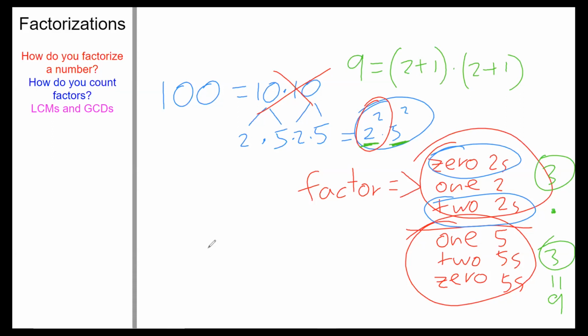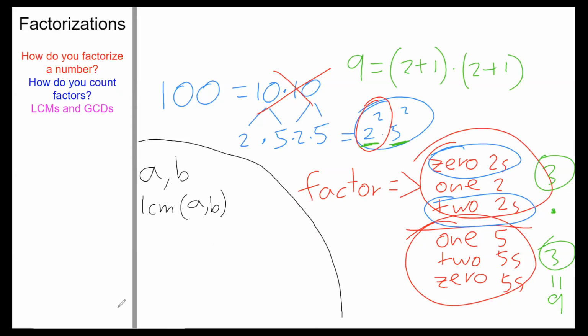So for example, if I had two numbers A and B, then the LCM of A and B, and in math notation, it's usually written this way, is the least common multiple of A and B. So let's call that K, a number K. So the number K, the least common multiple, has the property that K is equal to a multiple of B and a multiple of A, which means that you can multiply A and B by some integer to get K. And the least part means that this K is the smallest possible.